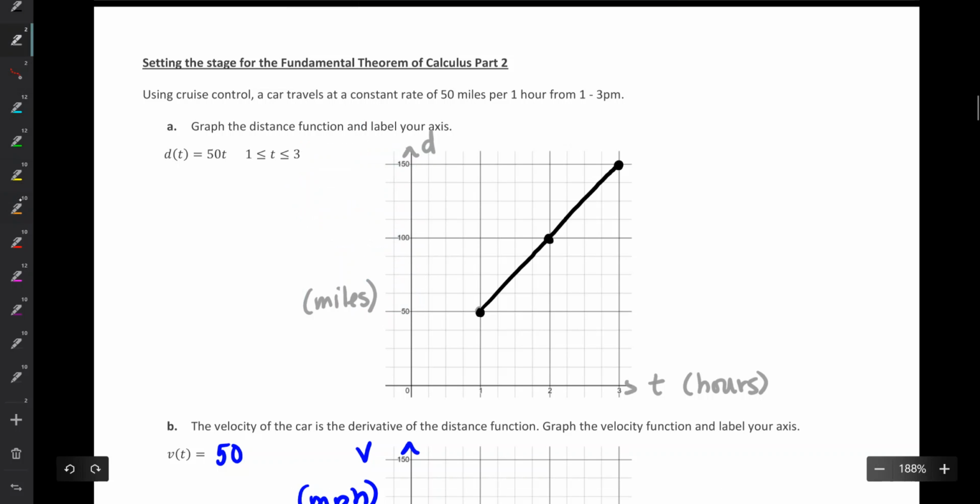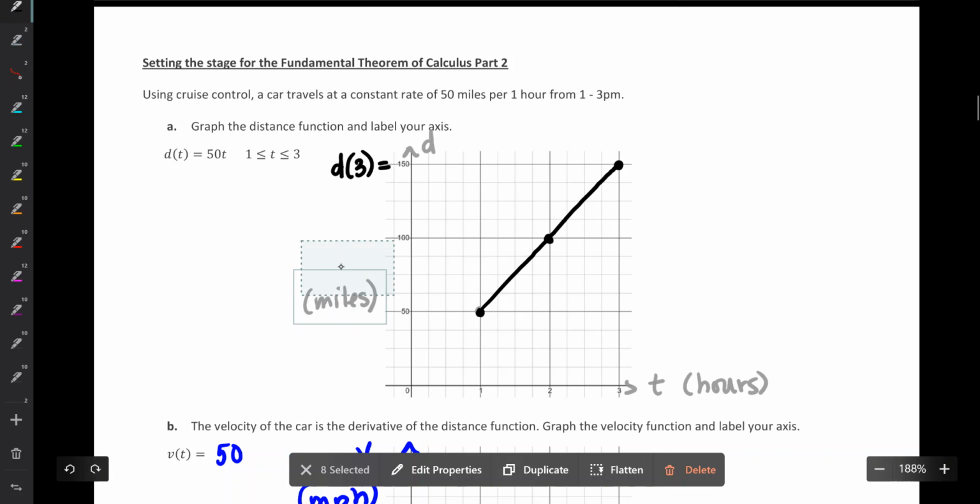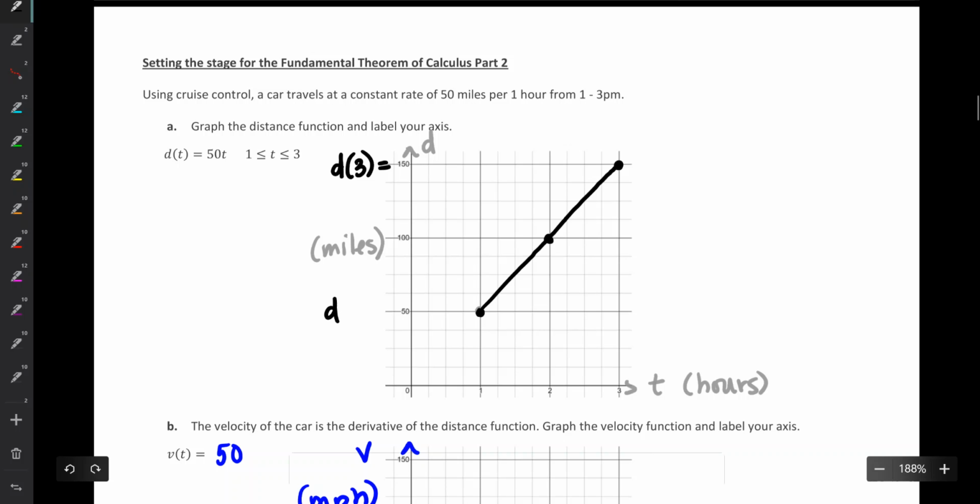So D3 is 150, and D of 1 is 50. When t is 1, D is 50. D of 1 is 50. When t is 3, D is 150. D of 3 is 150.